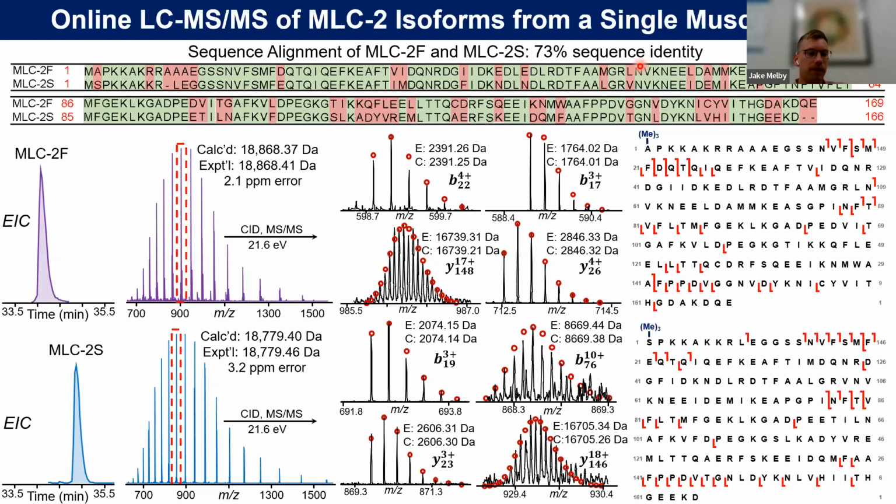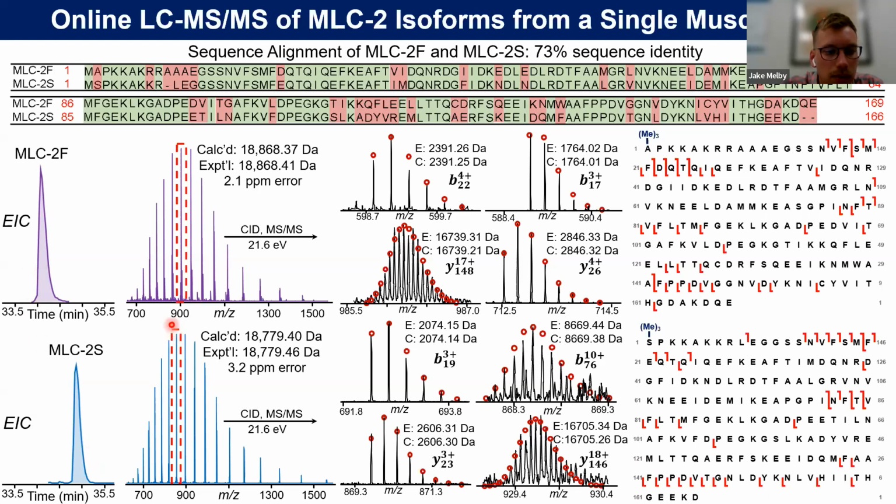So there's a lot of benefit to being able to disseminate the two of them without the need of tryptic digestion. Because as you can see here, we're able to separate these proteins with liquid chromatography, so we can effectively quantify the area under the curves if we want to do isoform quantitation.